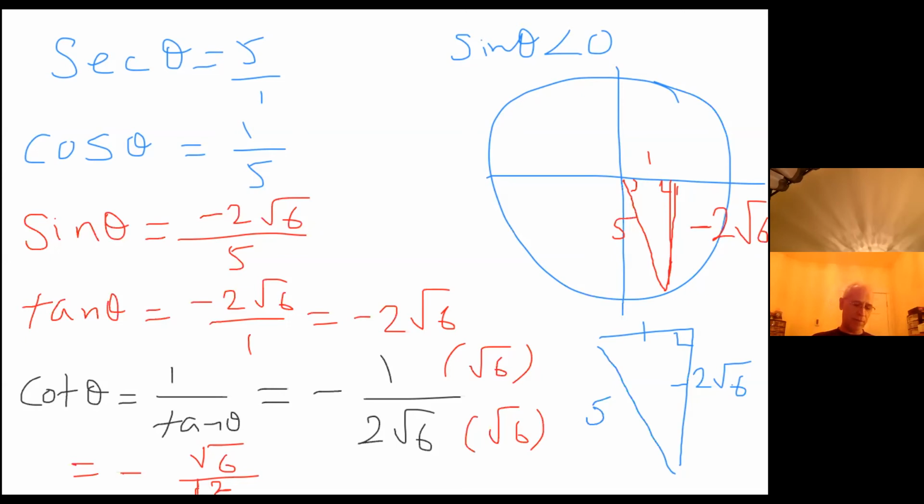So we found secant was given, cosine, sine, tangent, cotangent, and how about cosecant?